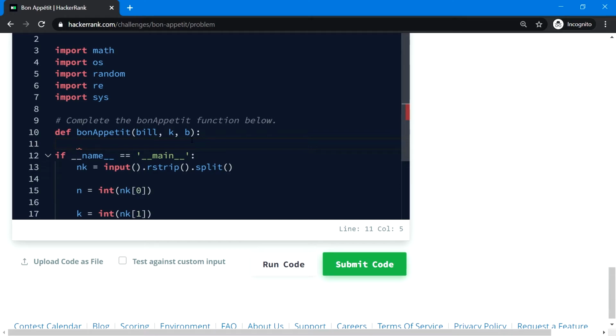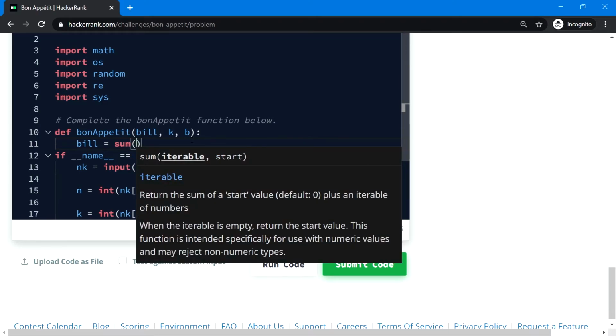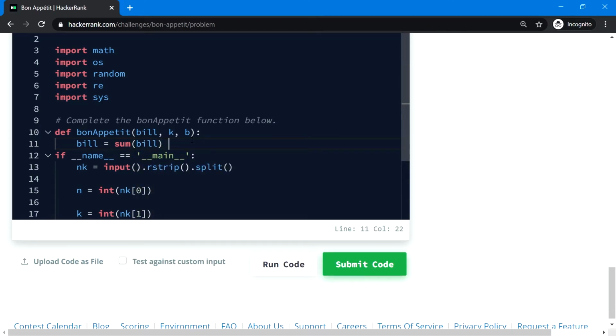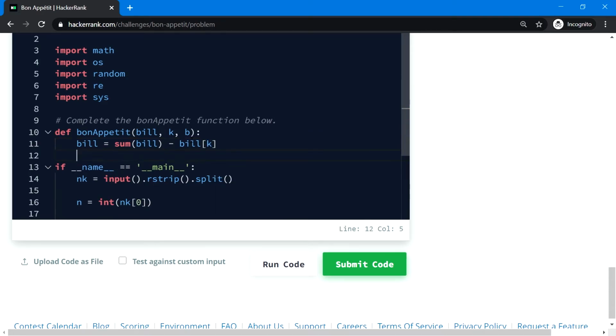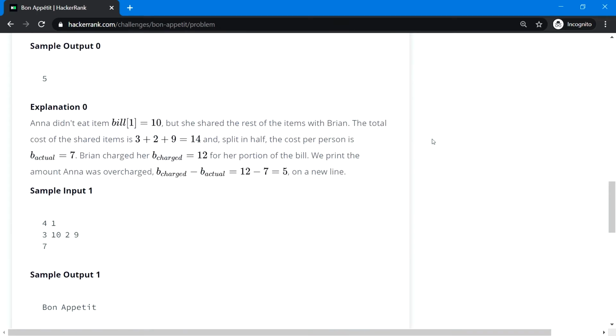We calculate that by getting the sum of the bill, minus the item that Brian wants, which is indicated by k. So the bill should give us the full amount that both should pay, without the item that Brian wants.